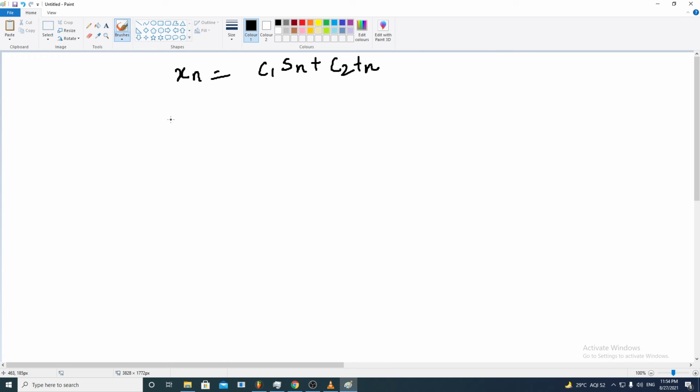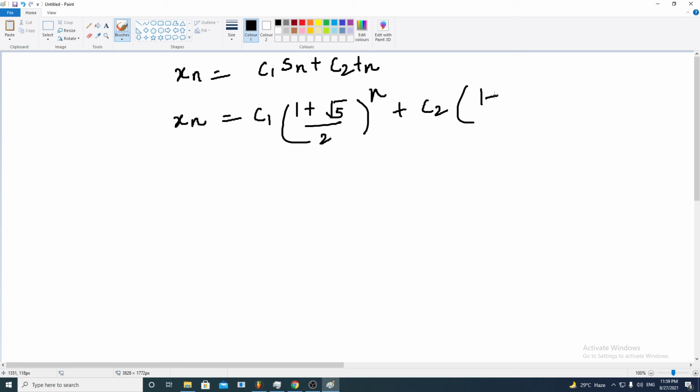So hence, the function Xn is equal to C1 times 1 plus root 5 divided by 2, the whole raised to n, since Sn is nothing but the root raised to the power of n, plus C2 times 1 minus root 5 divided by 2, the whole raised to n.